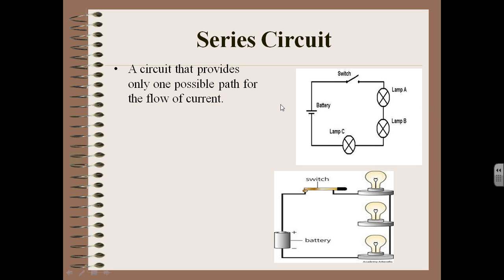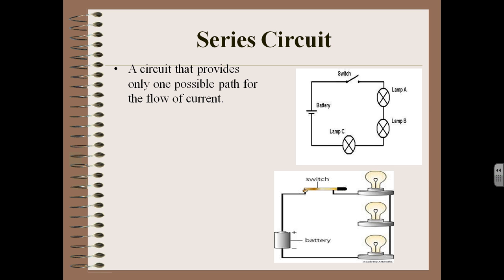The current is always going to start flowing from the battery because that's your energy source, and it's going to make its way around the circuit, going from an area of high energy to an area of low energy, and there's only one way for that to be done. So that is what we would call a series circuit.